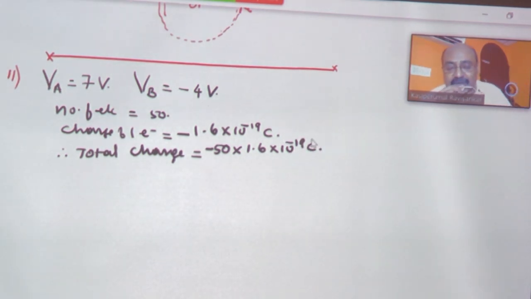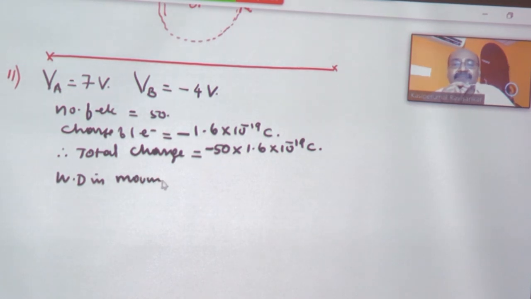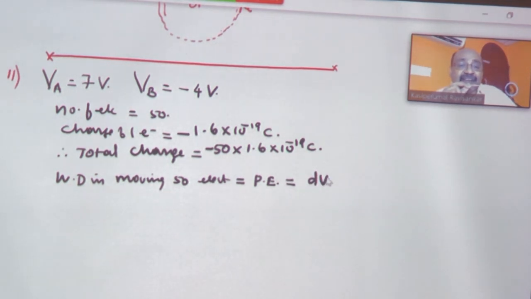You are asked to calculate the work done in moving 50 electrons, which is nothing but the potential energy stored in the 50 electrons. So work done in moving 50 electrons is equal to potential energy, which is the potential difference multiplied by the amount of charge moved.